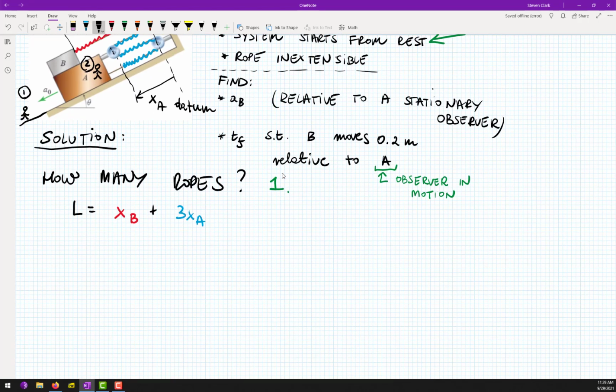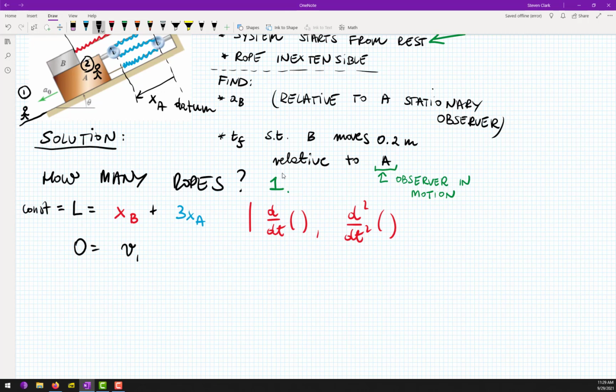So we are at position level. Now let's differentiate once and twice, just to get to velocity and acceleration. L is constant, by the way, so that will be 0.